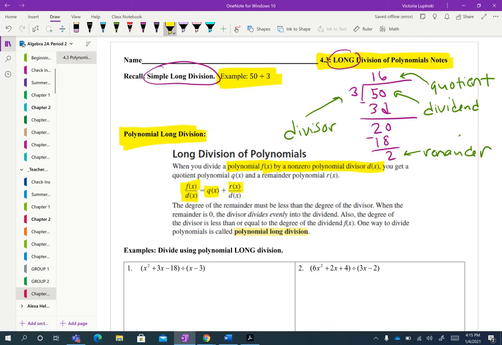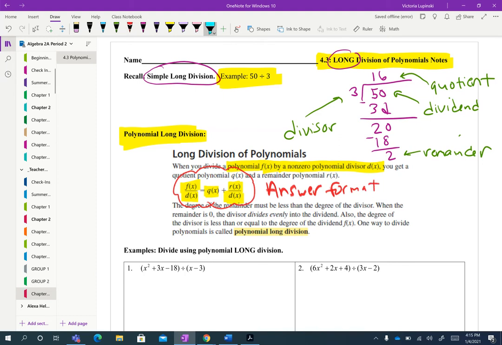You're going to get some remainder, which we're going to call r of x. And then notice that r of x is over d of x, which is the divisor. That has to do with just the format of how you're going to give your answers. So you might want to star that, circle it, highlight it. When I ask you to actually perform long division, this is the answer format that you're going to give me. So you just might want to make a note of that now so that you don't forget.